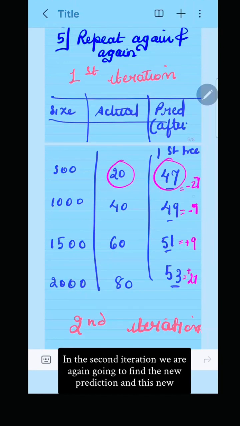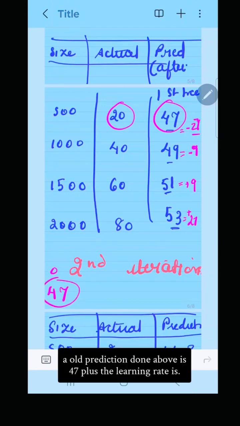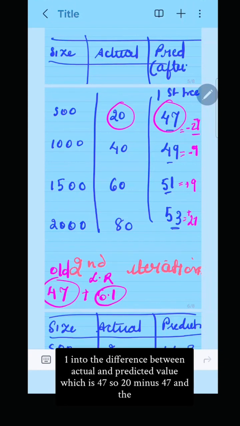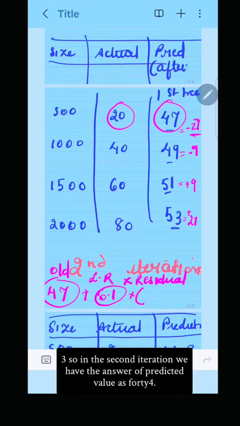In the second iteration, we are again going to find the new prediction, and this new prediction is equal to old prediction plus learning rate into residual. Our old prediction from above is 47 plus the learning rate 0.1 into the difference between actual and predicted value, which is 20 minus 47, and the total comes to 44.3.